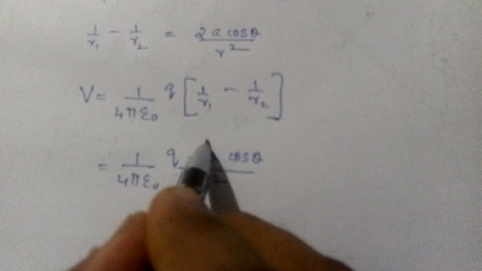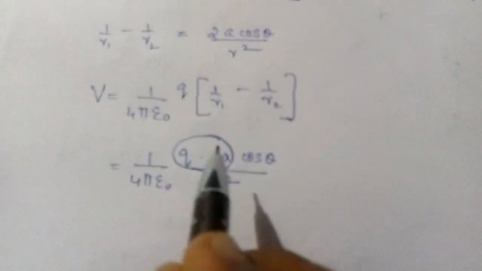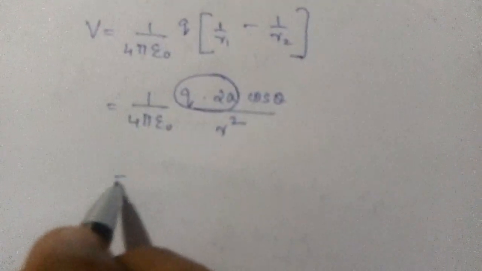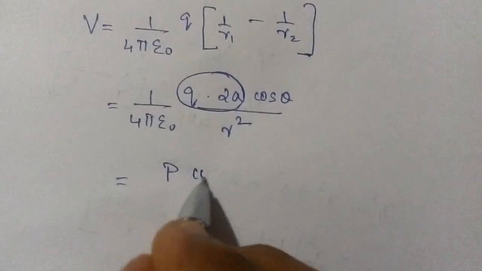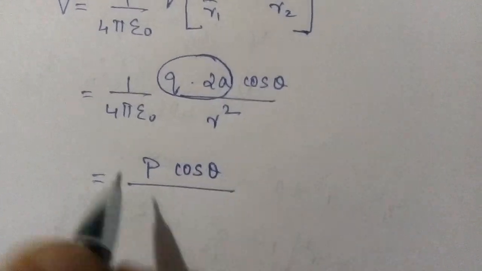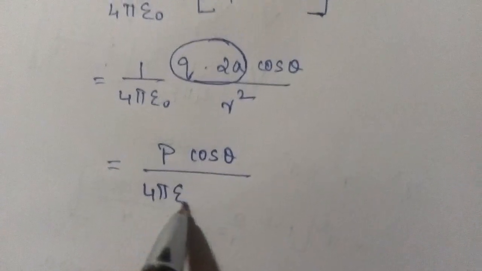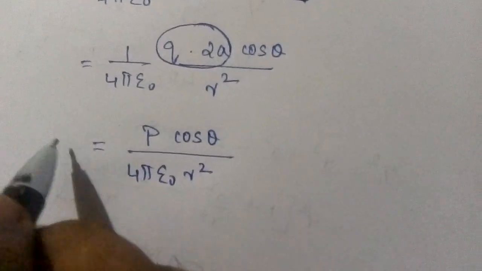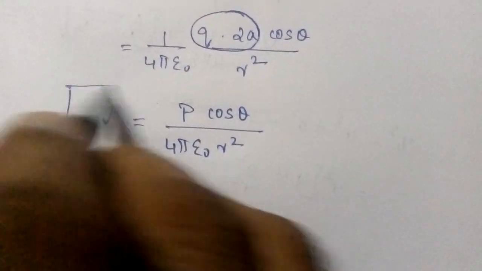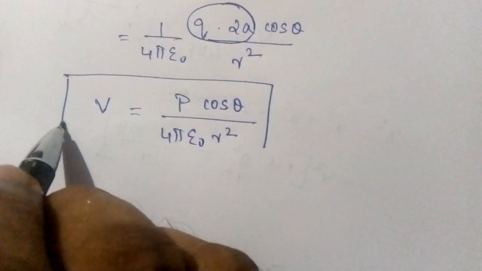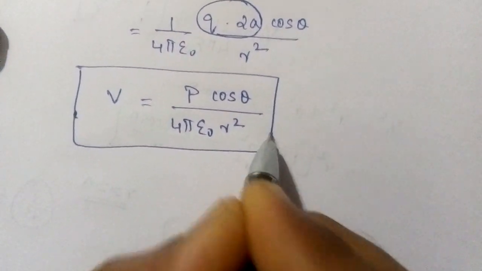And what is the value of Q into 2A? That is the dipole moment P. So that is equal to P cos theta divided by 4 pi epsilon naught into R squared. So this is the equation for the potential due to a dipole at any point.